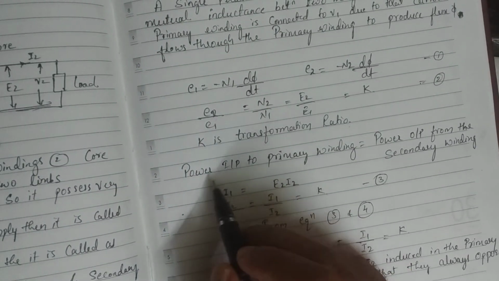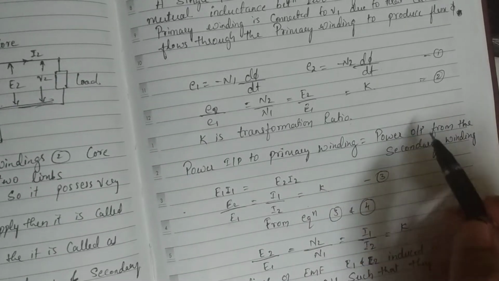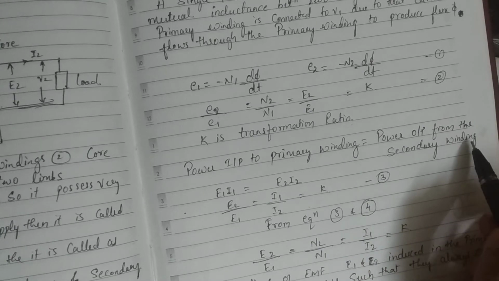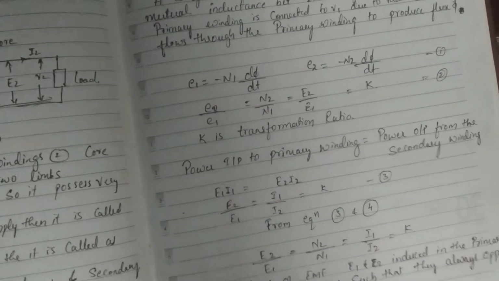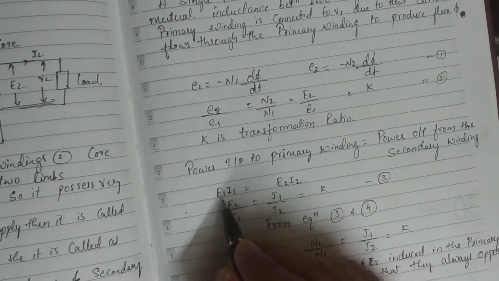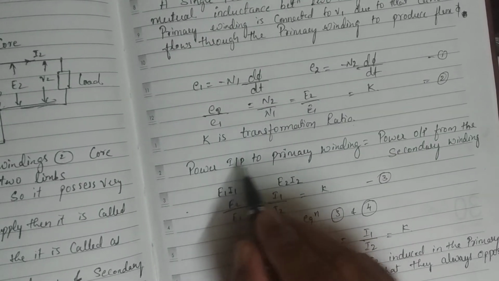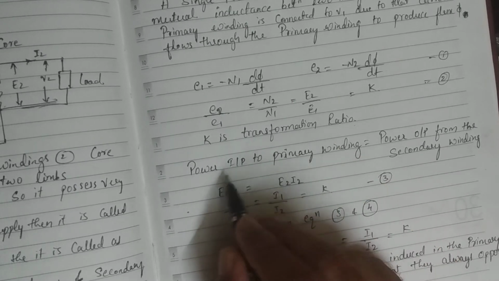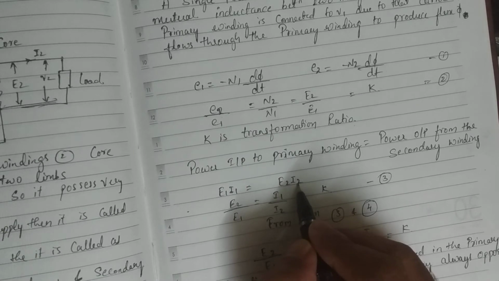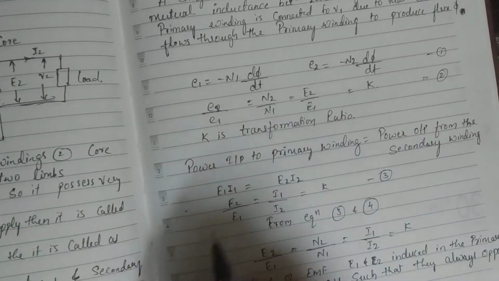So we know that power input to the primary winding is always equal to the power output from the secondary winding. Due to that, E1 into I1, that is the power input to the primary winding, is equal to E2 into I2, that is the power output from the secondary winding.